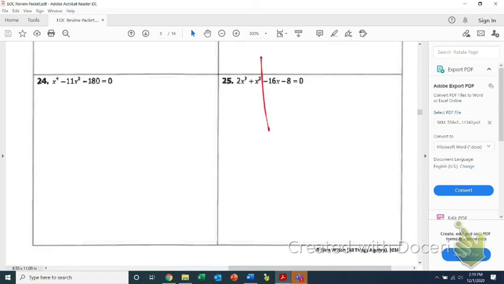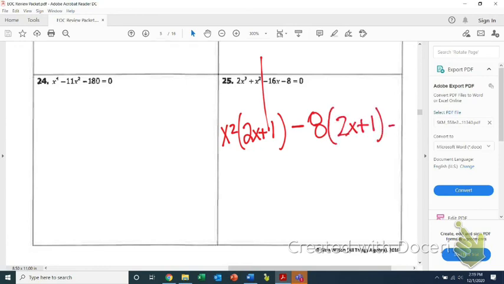We're going to factor out an x squared on the left and a 2x plus 1 minus 8, 2x plus 1. The goal here is for my parentheses to be the same, okay? Once they are the same, you know you're on the right track.